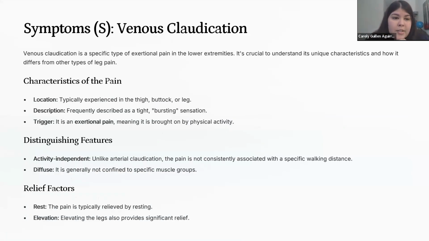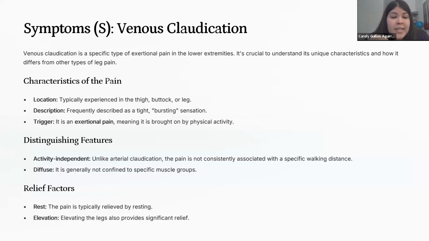and then venous claudication. They further characterize the pain by location. It is typically experienced in the thigh, buttock, or leg. The description is frequently described as a tight bursting sensation, and the trigger is an exertional pain, meaning that it's brought by activity.